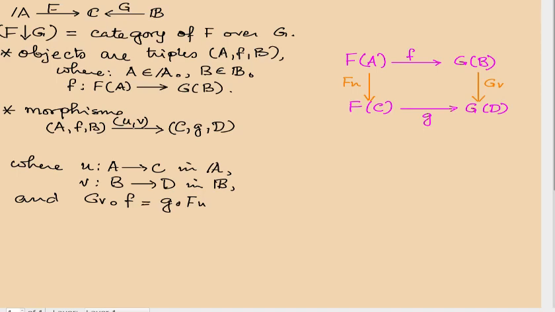So again, there is some kind of a cross multiplication rule. So f' composed Fu, and then you come to this one, it will be Gv composed f. Okay, so that's the rule. So this is my composition.